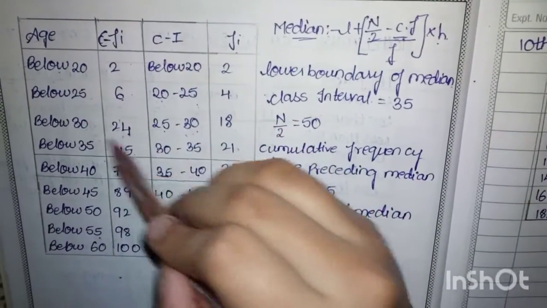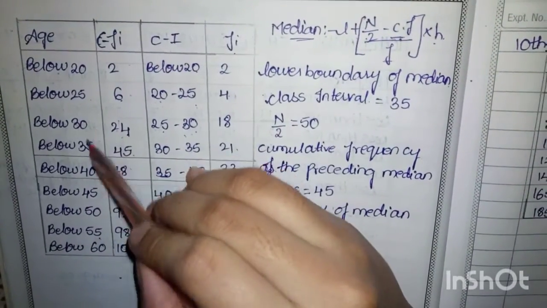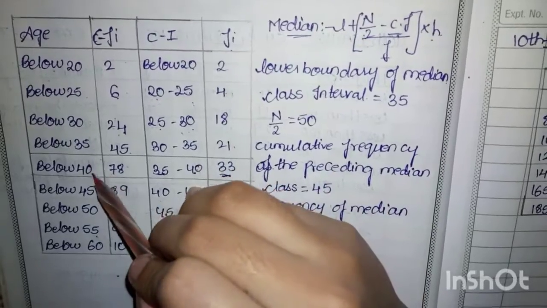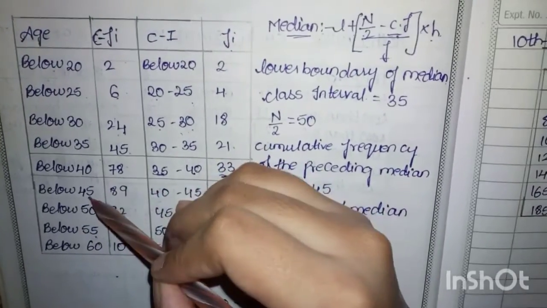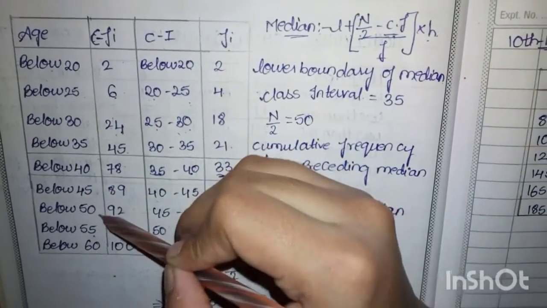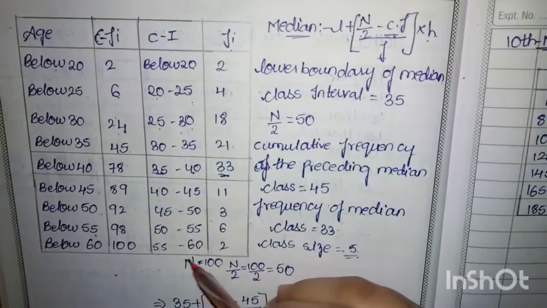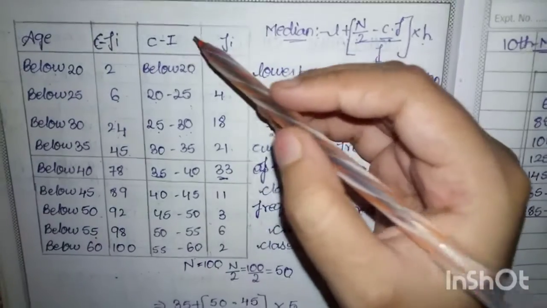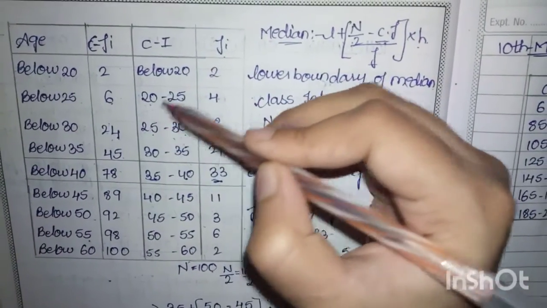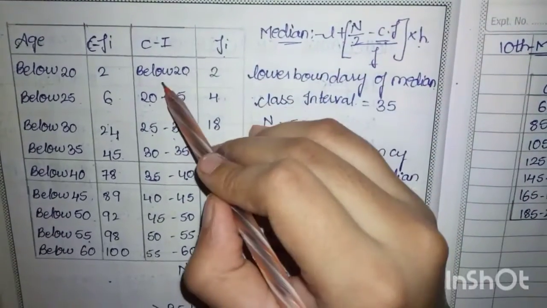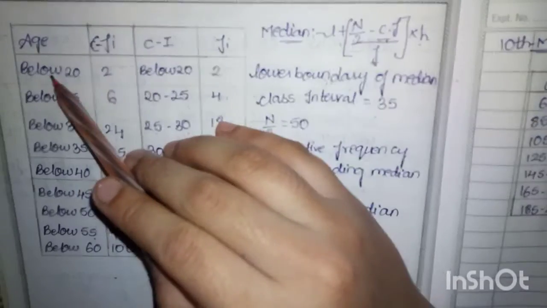So 25 to 30, next 30 to 35, 35 to 40, 40 to 45, 45 to 50, 50 to 55, and 55 to 60. In this way, from whatever numbers they gave, we make our class intervals, and the first step is written the same as given.